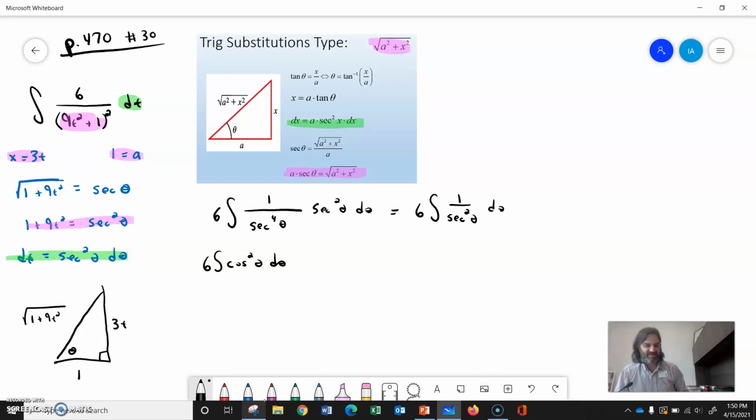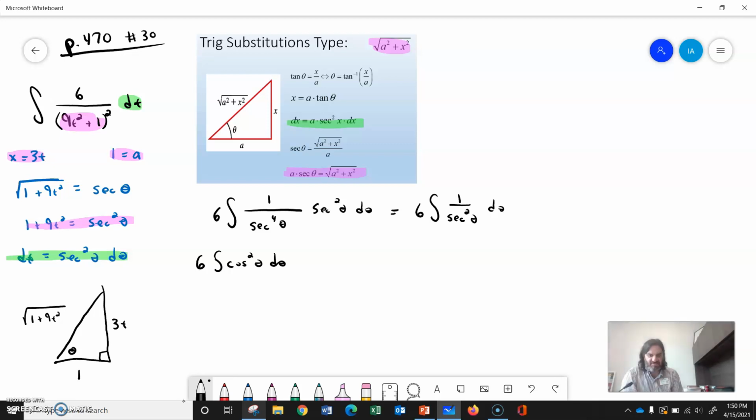So we got 6 times the integration of cosine squared. I'm trying to erase something here. Yeah, I just didn't like the way my 6 looked there. So, how do we integrate cosine squared?